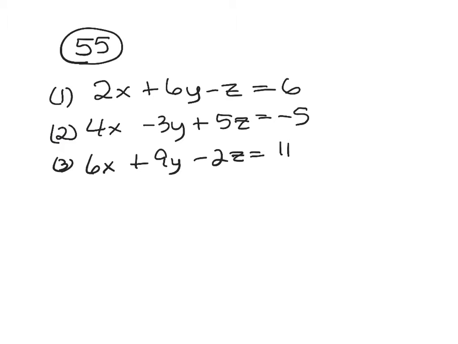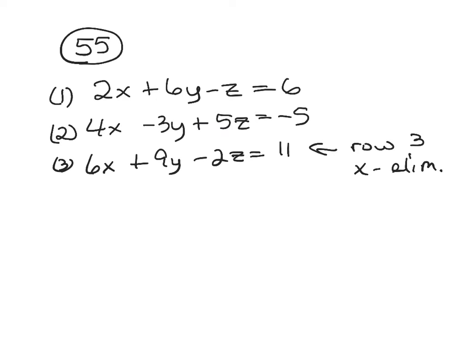X. Okay, X is going to involve quite a bit of work, but I can do it. It might be easier to eliminate Y. Well, let's do X. All right, what's going to be our pivot row? Let's make row 3 the pivot row. Okay, and we're eliminating X.